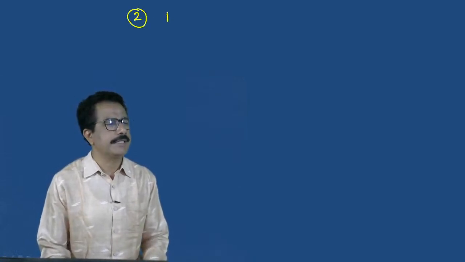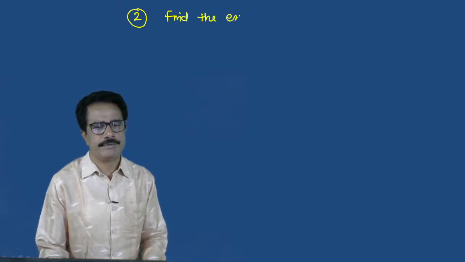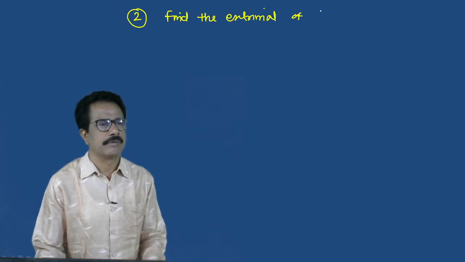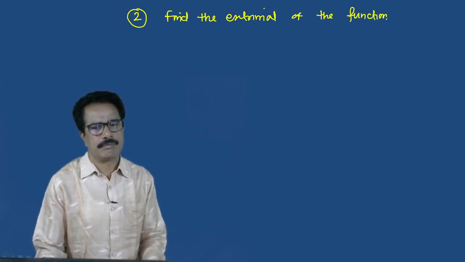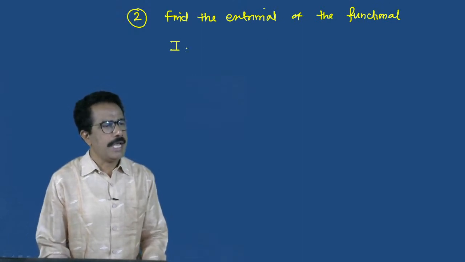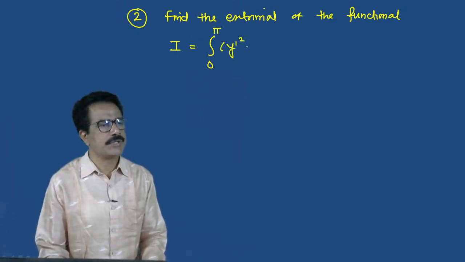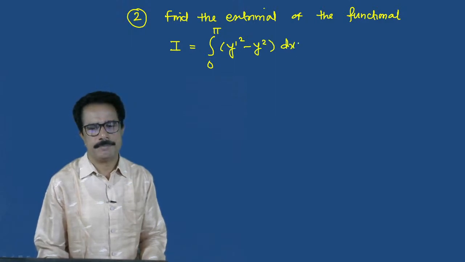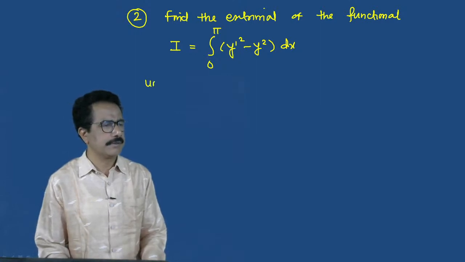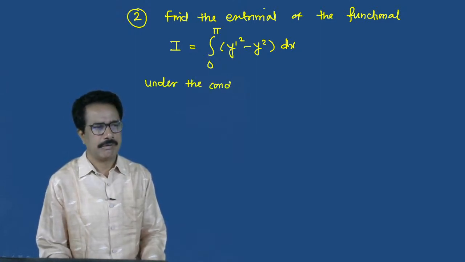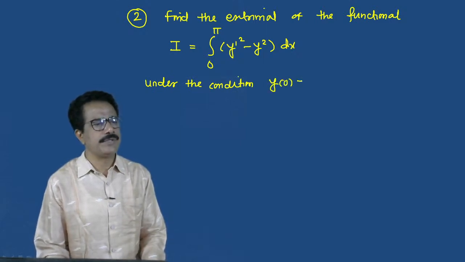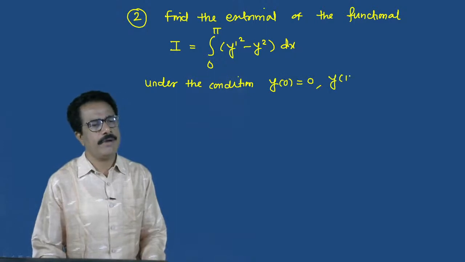Find the extremal of the functional I is equal to the integral from 0 to pi of y dash square minus y square dx, under the condition y of 0 is equal to 0, y of pi is equal to 1.